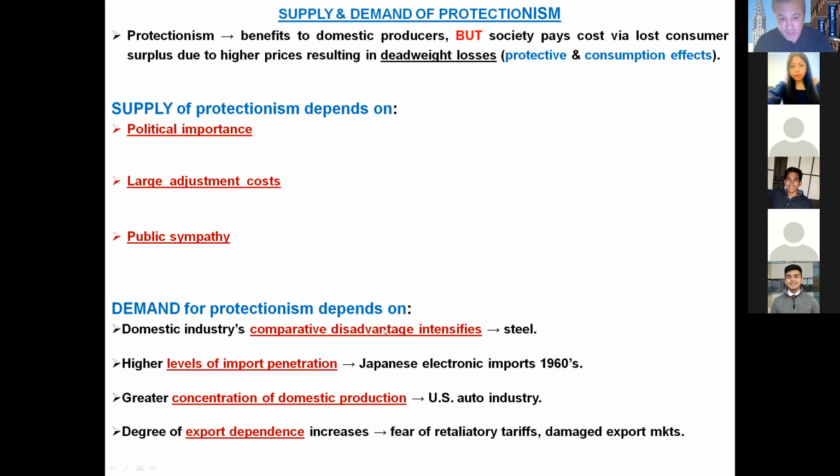Obviously, the greater the concentration of domestic production, the more influence an industry has. For example, the U.S. auto industry is going to have a lot more influence than a smaller industry. Then there's the degree of export dependence. If you fear retaliatory tariffs, take the U.S. aerospace industry, for example, Boeing, which has a lot of overseas markets.